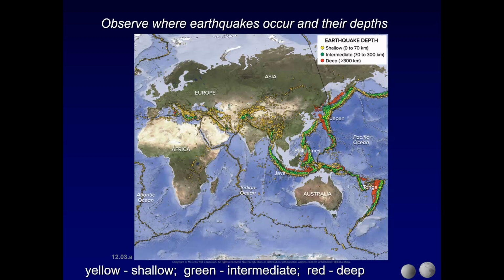Earthquakes really do occur typically in narrow belts, and they coincide with plate boundaries, which are outlined in black. Mid-ocean ridges would have shallow earthquakes. Deep and intermediate earthquakes are, of course, in subduction zones. I'll point out as well the collision of India and Asia is still occurring, which is resulting in intermediate to shallow earthquakes across a broad region, and that's continental.